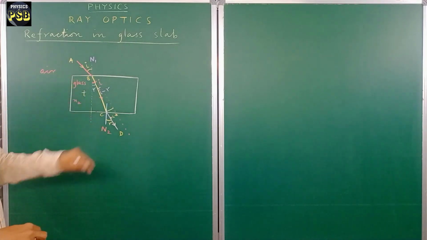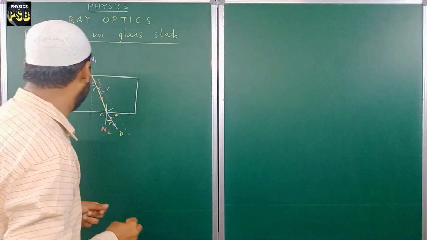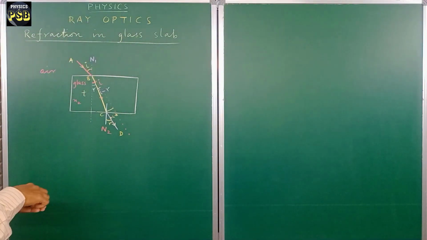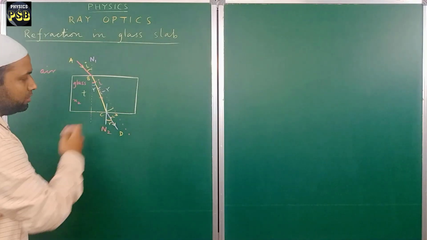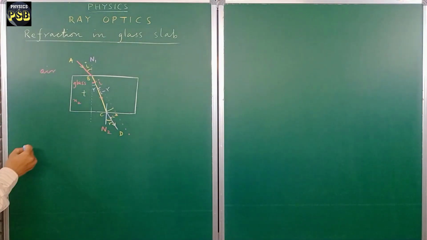Here, ABCD is a ray of light which has traveled through the glass slab. Okay. Now, I am going to find out the value of N. Here, to do so, first I take the sine of angle I minus R.